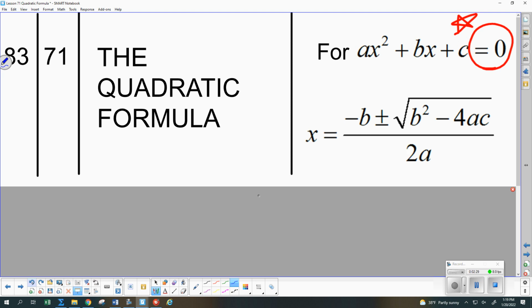And you may have noticed I said the opposite of b. It's okay to say negative b. I just like to say the opposite of b because when I say negative b, I think, oh, I've got to start with a negative number. And if b happened to already be a minus something, I need to change it to a positive here. The two biggest mistakes I see students make have to do with whether that b gets a plus or a minus sign.